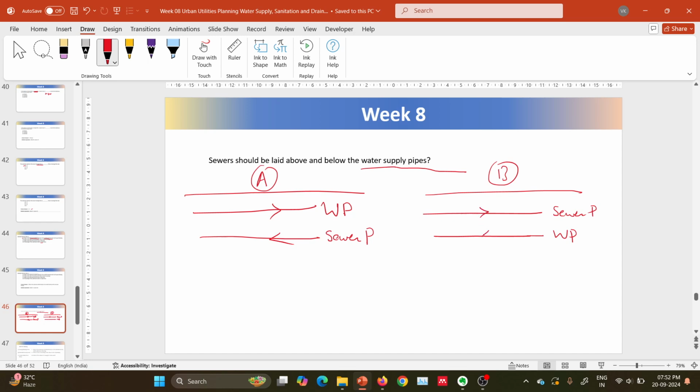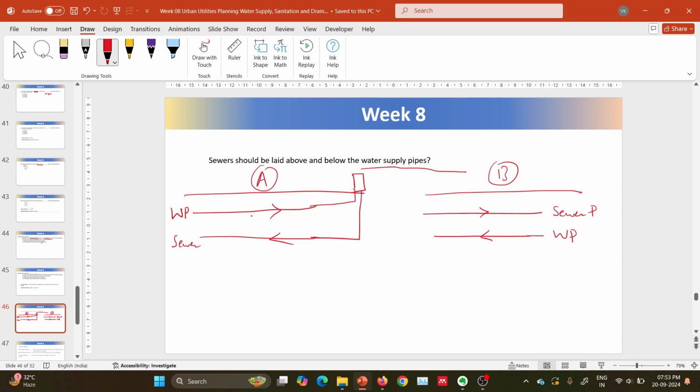Why? Why the opposite direction? Because from a household it will produce and it will go to the sewer pipelines.